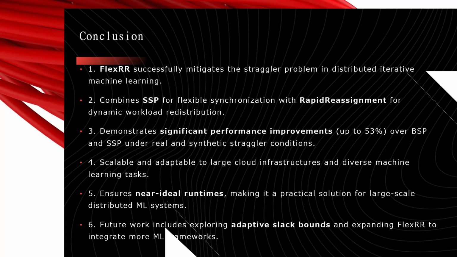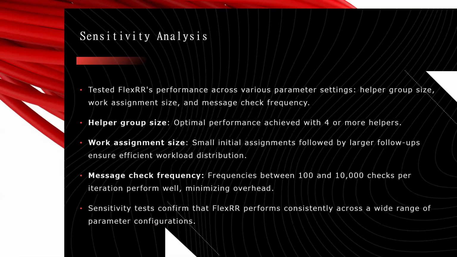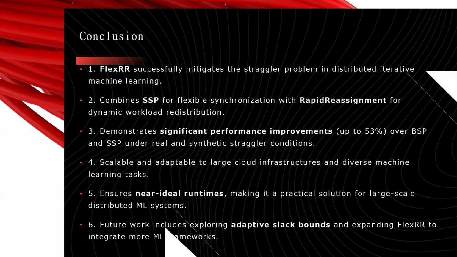It combines SSP for flexible synchronization with rapid reassignment for dynamic workload redistribution, demonstrating significant performance improvements of up to 53% over BSP and SSP under real and synthetic straggler conditions. It is scalable and adaptable to large cloud infrastructure and diverse machine learning tasks, ensuring near-ideal runtimes and making it a practical solution for large-scale distributed machine learning.